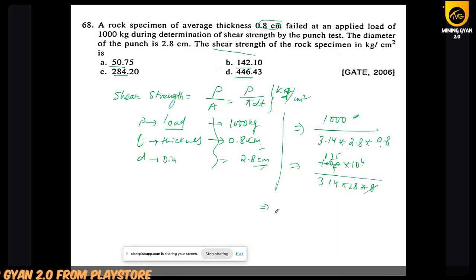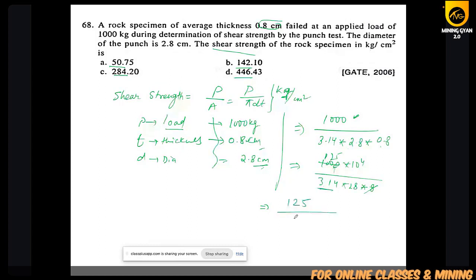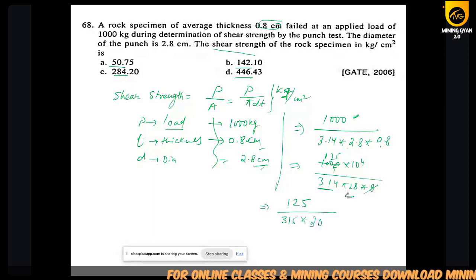Because the choices he has given us are very far apart, so how you will do approximation, you can solve like 125 you can take, and in the bottom you can take 120 or 115, it's up to you. Take 115, and then you can take 30 and multiply 10 to power 4.